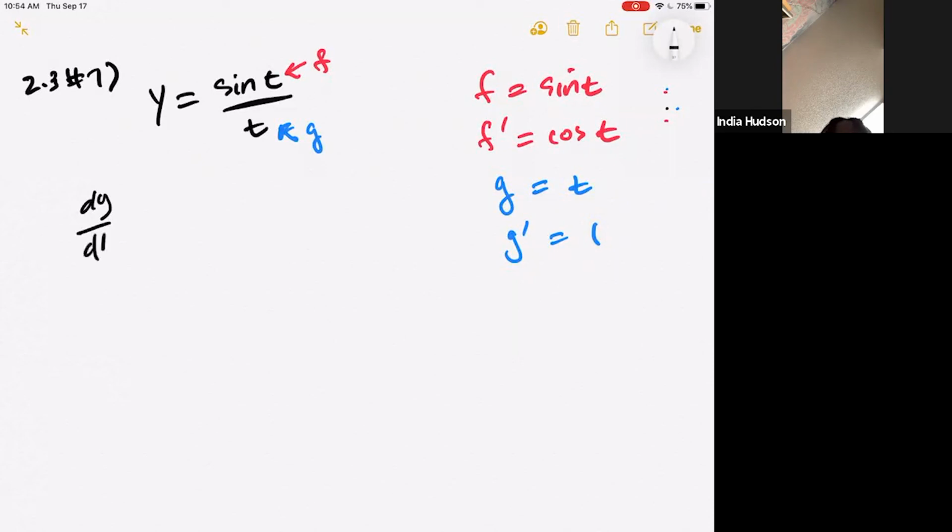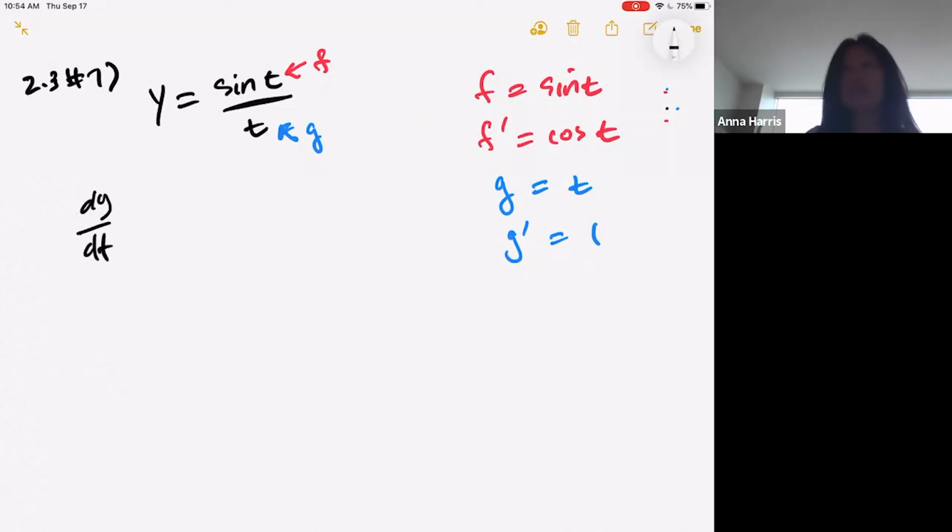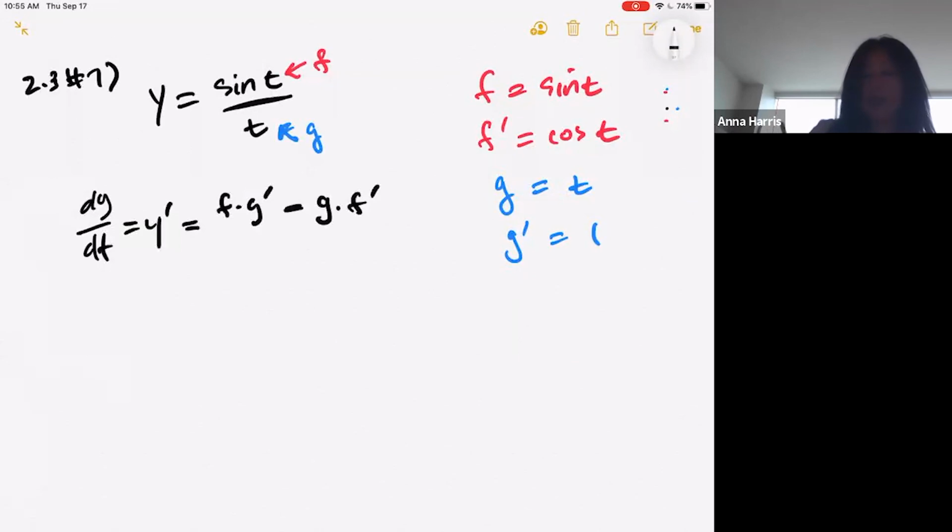Yes, because my right-hand side is an expression of what? t. So you're taking a derivative with respect to t. That's right. Or I can rewrite it as y prime, which is fine. And then what is my formula for the quotient rule? Quotient rule says: f times g prime minus g times f prime, everything divided by g squared. That's your formula.